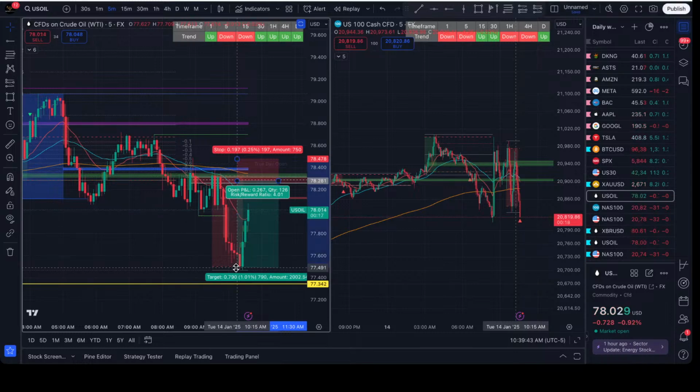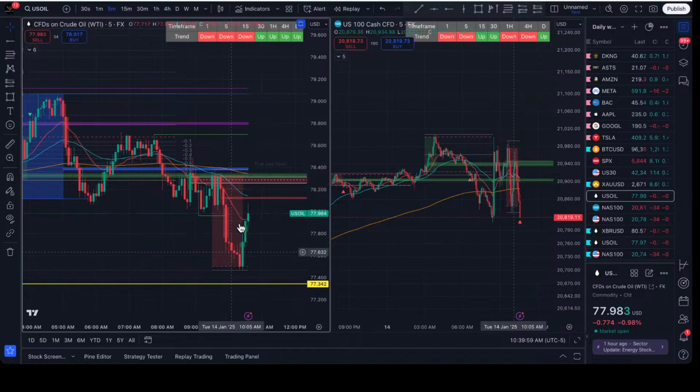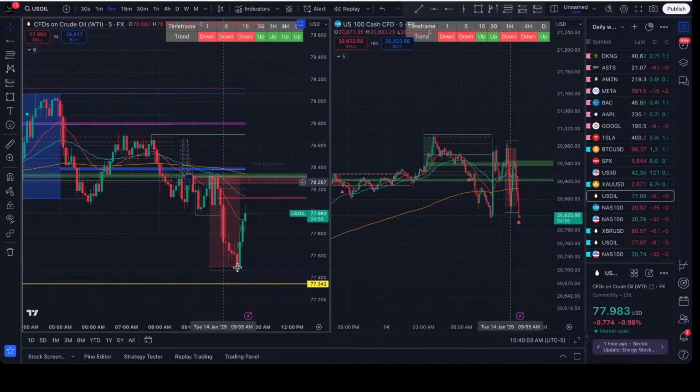Yeah, went 1 to 4. So they would have already been out of this trade. And for the ones that held all the way to previous day's lows, they would have moved their stop losses and taken partials.